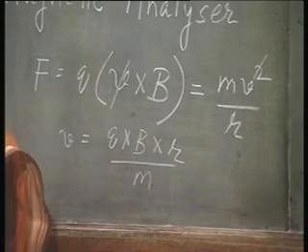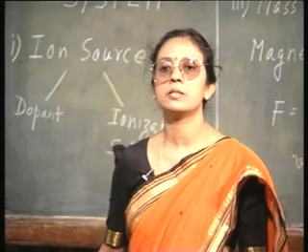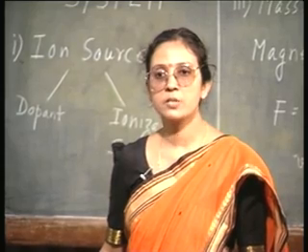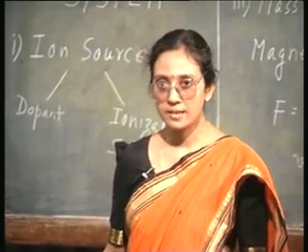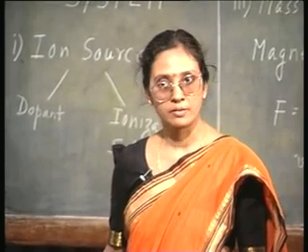At the same time, remember how this velocity was imparted to this ion beam. This velocity was imparted in the accelerator section by using an electric field.